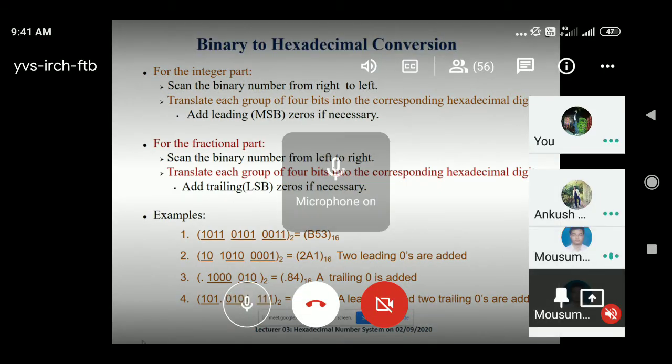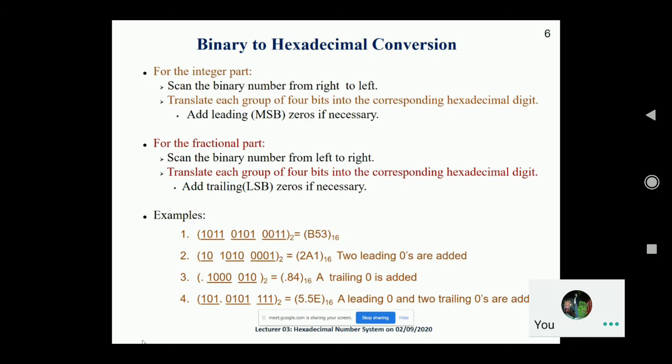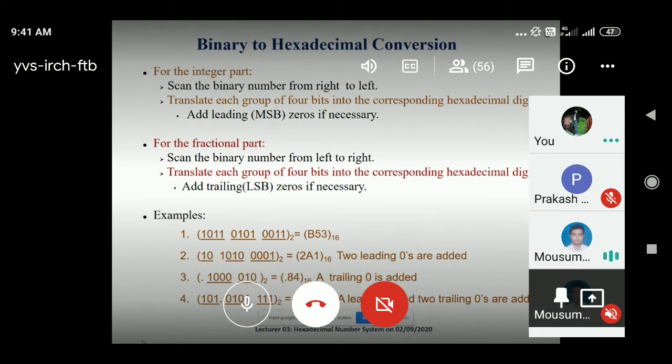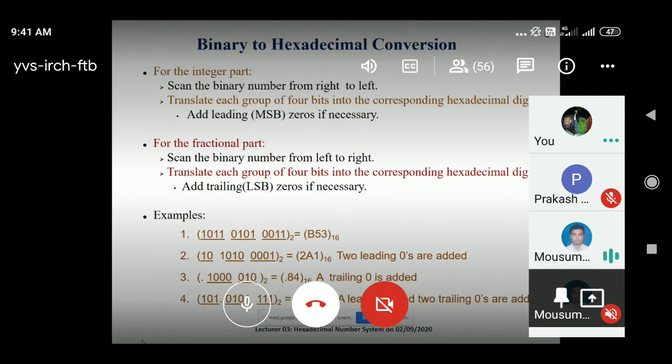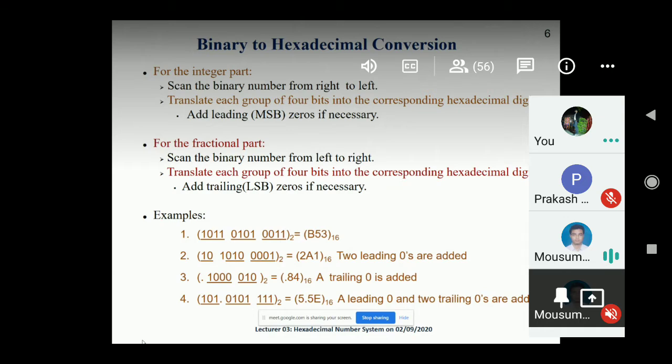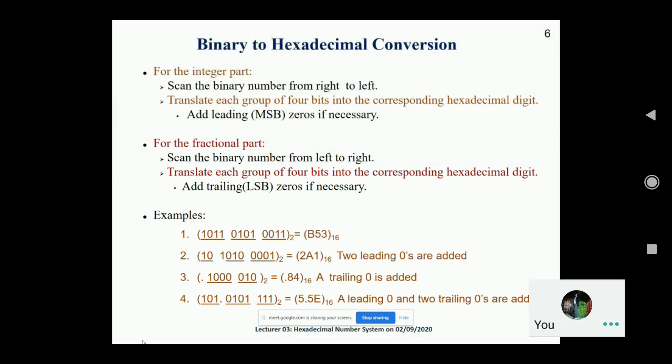After that, 0101 is again 5 because it is already a 4-bit sequence. But 11 is not a 4-bit sequence, and it appears in the fractional part. So we add zeros in the LSB, not the MSB. 1110 means 8, 12, 13, 14.